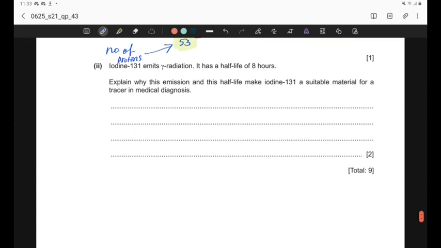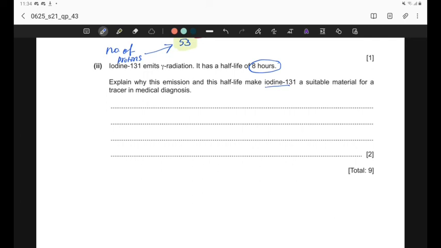Part 2. Iodine-131 emits gamma radiation. It has a half-life of 8 hours. Explain why this emission and this half-life make iodine-131 a suitable material for a tracer in medical diagnosis. So for medical diagnosis, one of the most used radiations is gamma radiation, and the reason is its half-life is 8 hours.